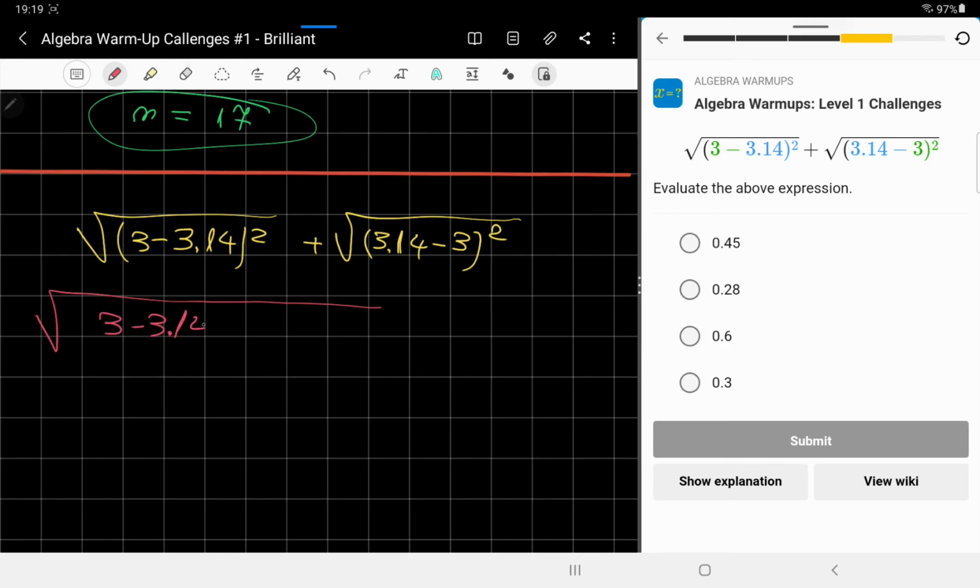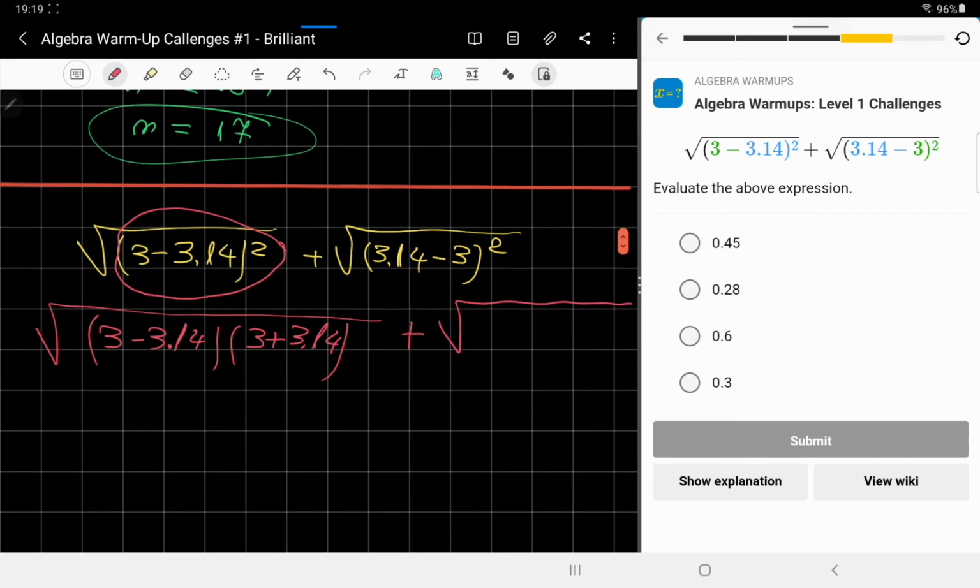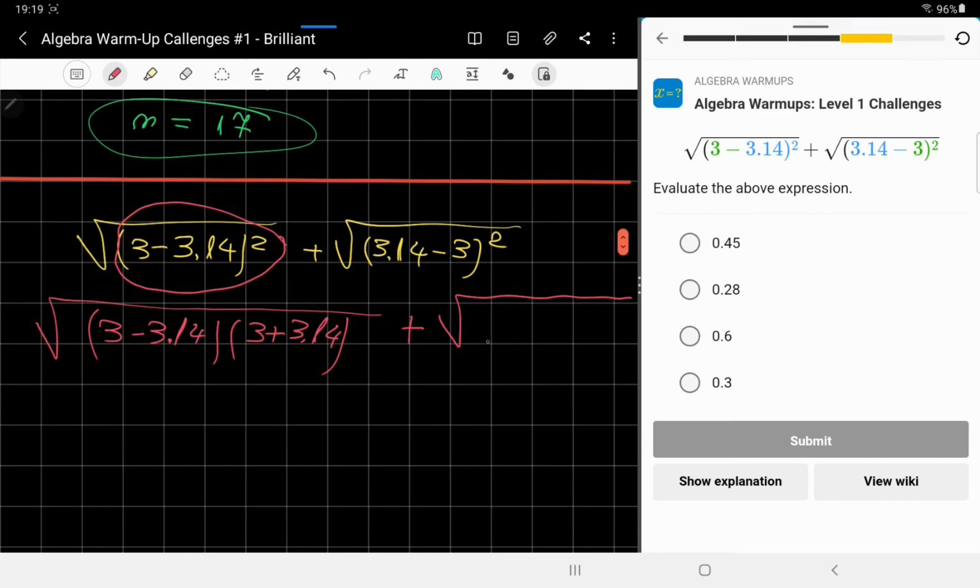We have 3 minus 3.14. So this entire thing would be 3 minus 3.14, 3 plus 3.14, and then we'll have plus square root of 3.14 minus 3.14 plus 3.